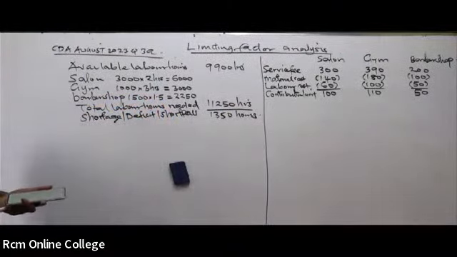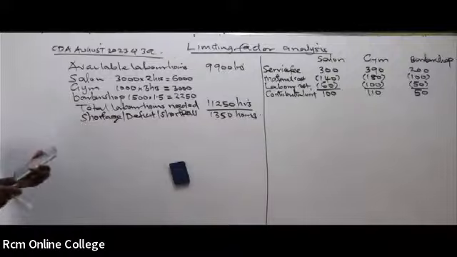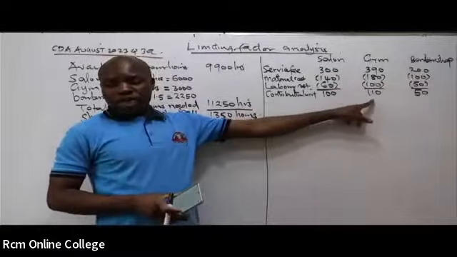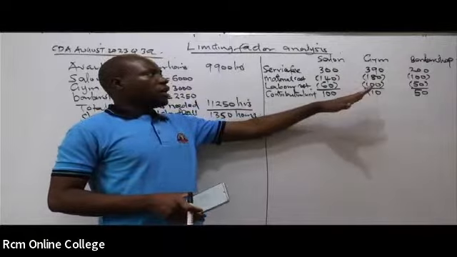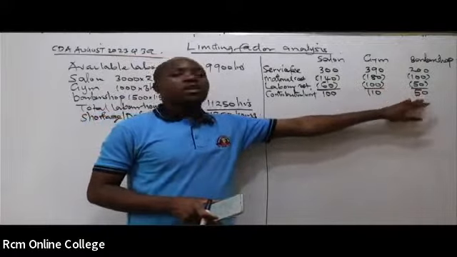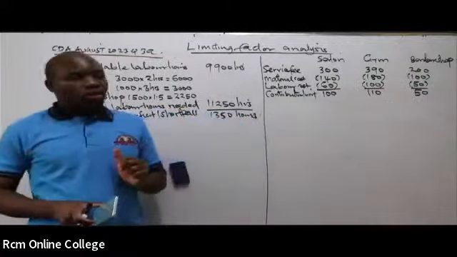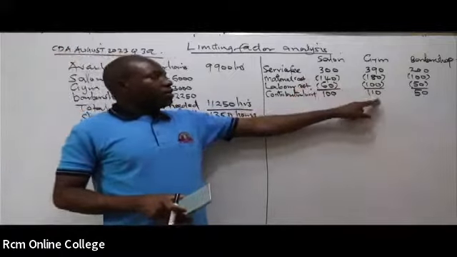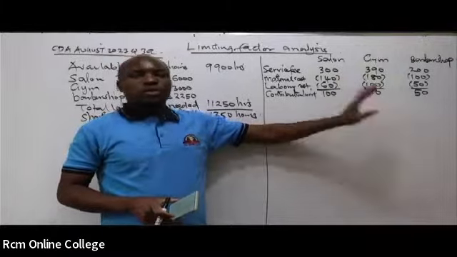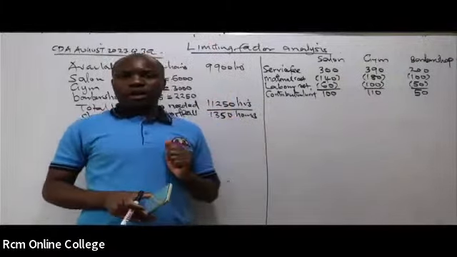Now, if you are to make a decision, you cannot come here and tell us gym is the most profitable product or service, then salon, and then you finish with barber shop. Maybe it is 110 because we need like 4 hours to be able to serve one person in the gym, right?